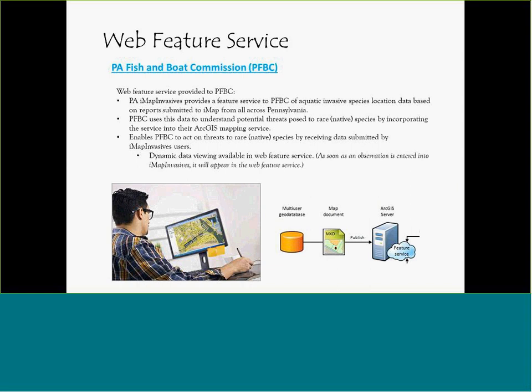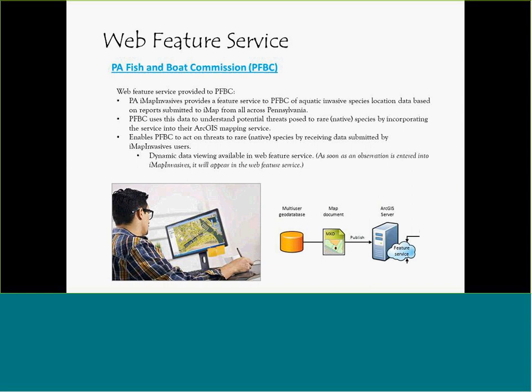So what happens in this feature service is you take the data from iMapInvasives, specifically the aquatic data, and you incorporate that into a GIS so that you can essentially create a new reference layer of just that data. Fish and Boat already have a bunch of different reference layers in their GIS, and one of those is probably for rare species.